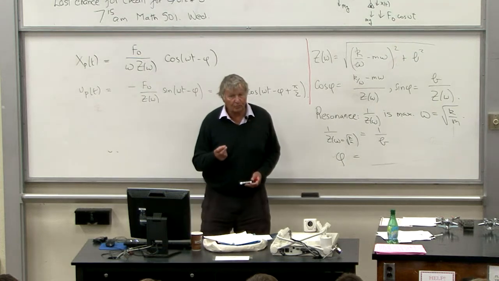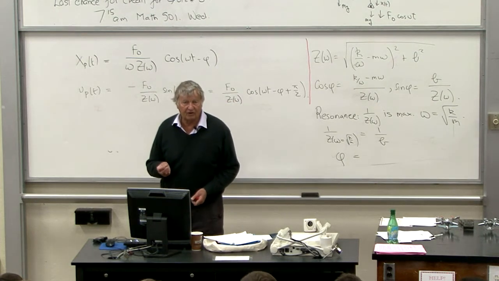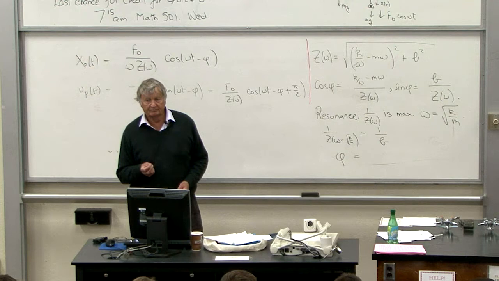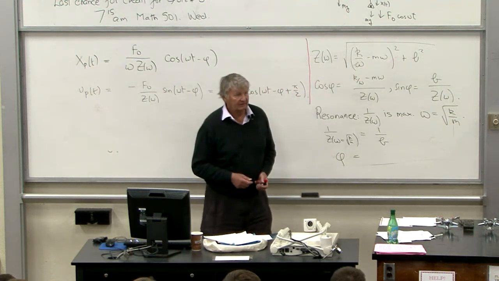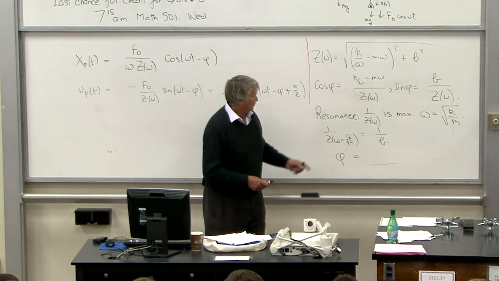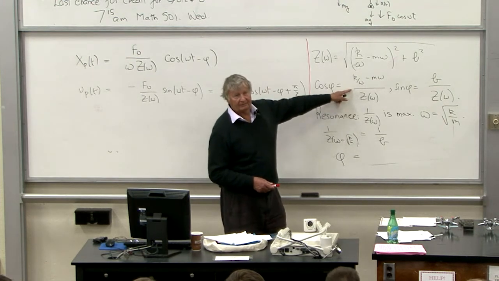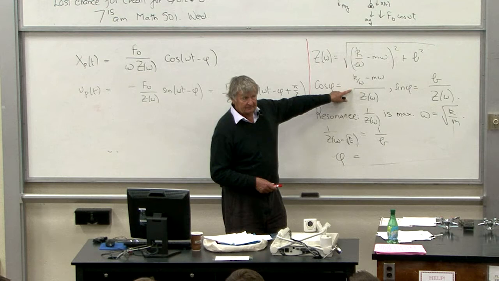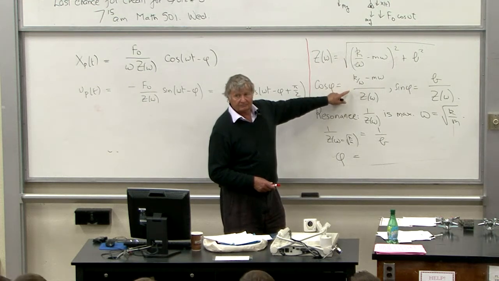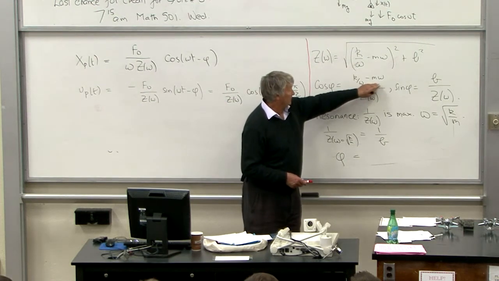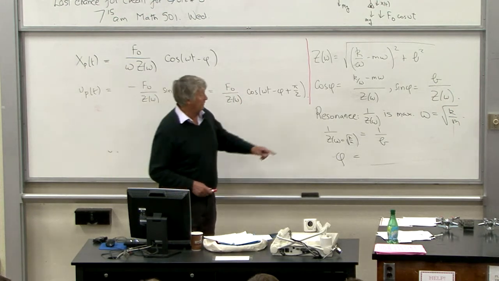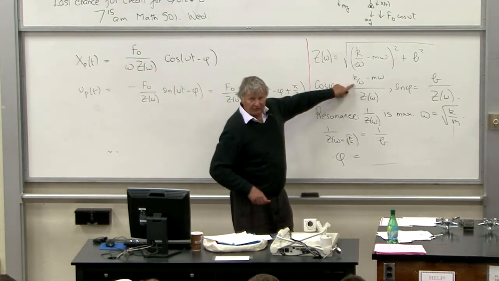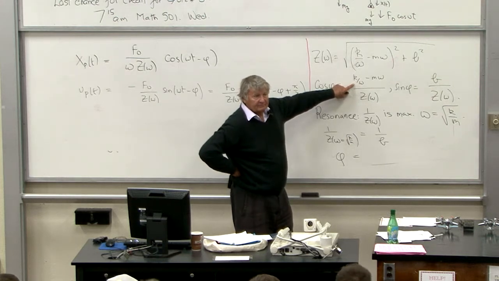If I choose omega to be the square root of k over m, you've made this 0. So what's cos phi going to be? 0.